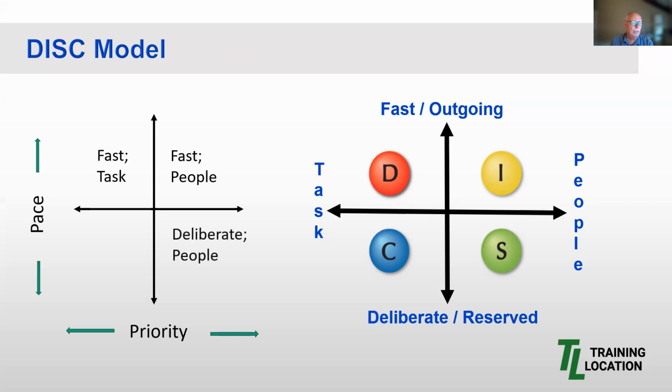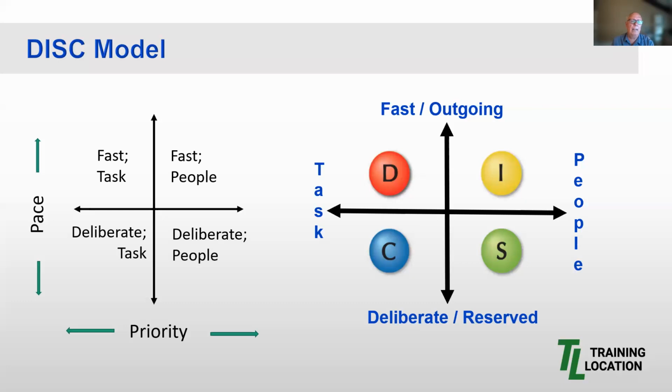In the S quadrant, you'll see a more deliberate or reserved, or I'll say moderate now, pace, as well as a people orientation. And again, notice they share a people orientation with the I. That'll come in handy later. And on the C, it's again more of a deliberate, reserved pace with a task-oriented priority.